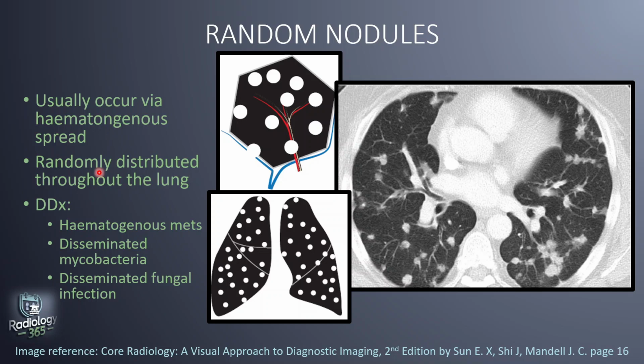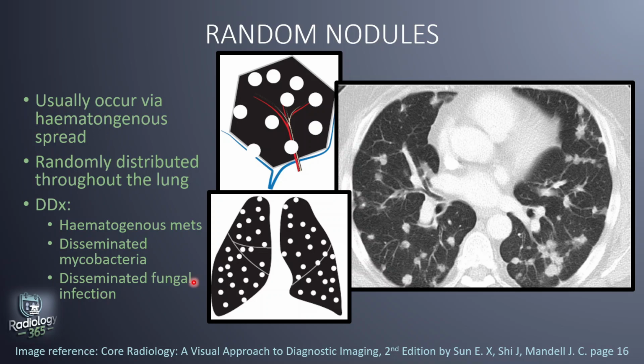And it usually occurs via hematogenous spread. So randomly distributed nodules are usually caused by hematogenous metastasis, disseminated mycobacteria, disseminated fungal infections. All these can cause the appearance of random distribution of micronodules.